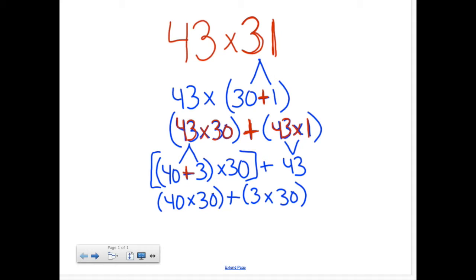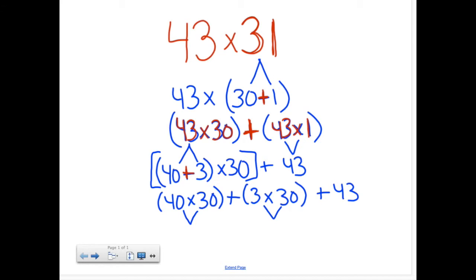And I don't want to forget about 43 over here. And now I can solve because I can do these two problems mentally.